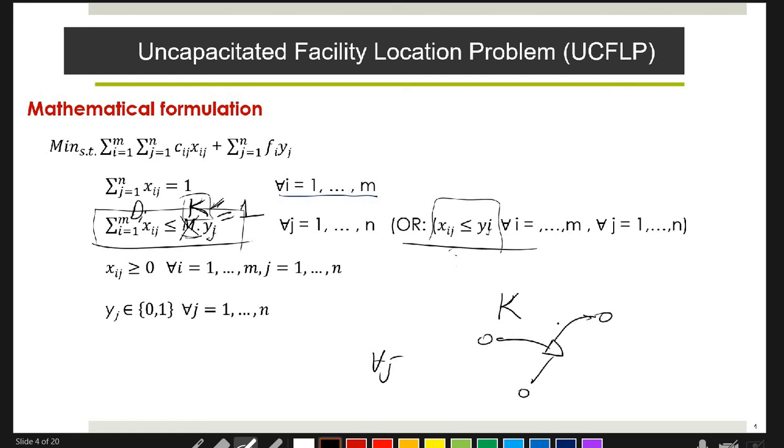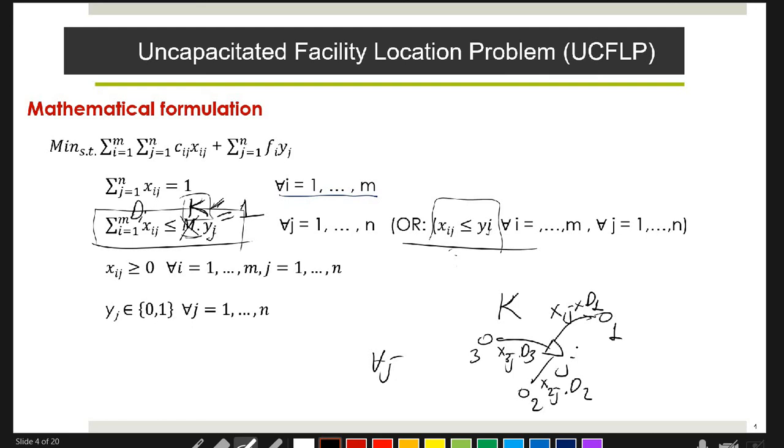This one, this one, this one. Okay, this is customer 1, 2, and 3. This is facility j. So the amount I am sending here is x1j multiplied by d1. This is x2j multiplied by d2, and this is x3j multiplied by d3.